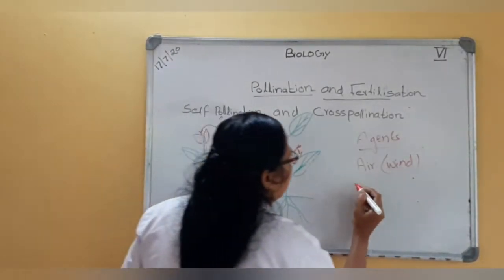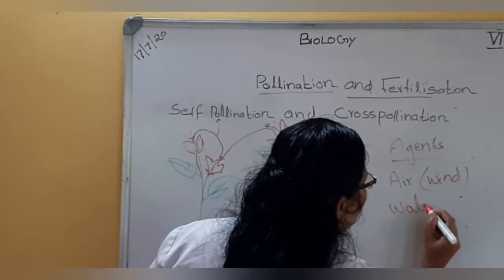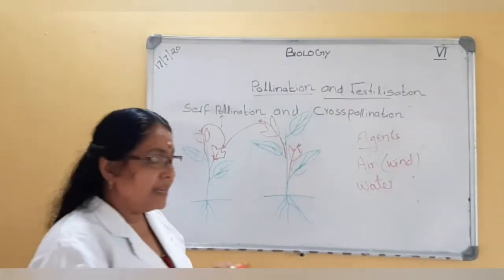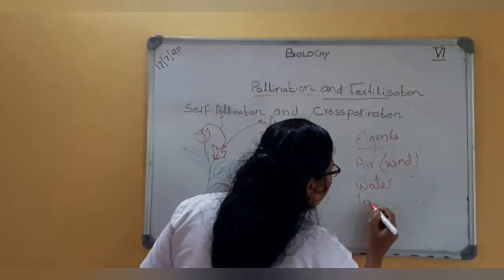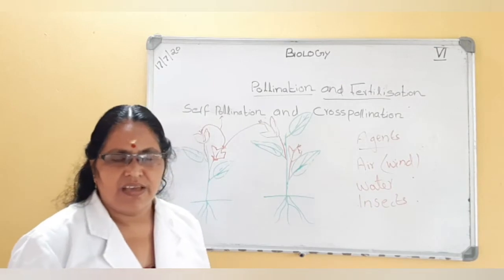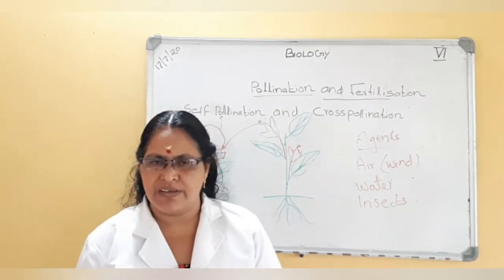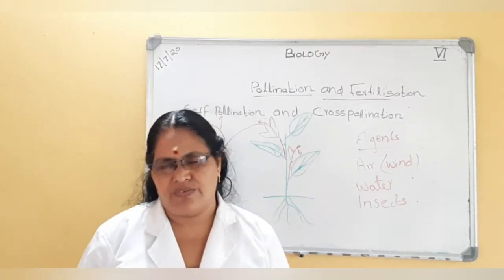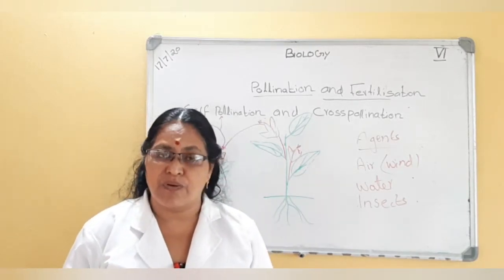Water is an agent. Pollination takes place through the water. And the insects. Many flowers are pollinated by insects. So insect pollinating flowers, wind pollinating flowers, and water pollinating flowers. So the various agents of pollination.